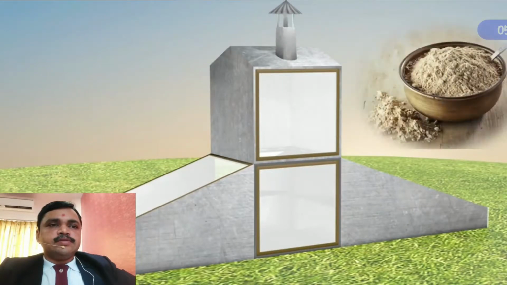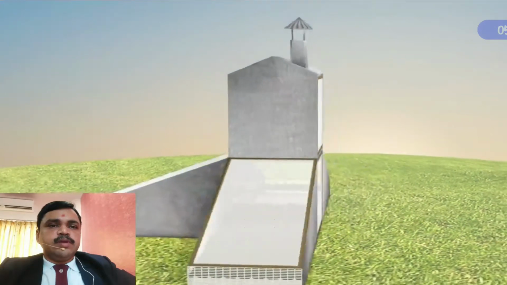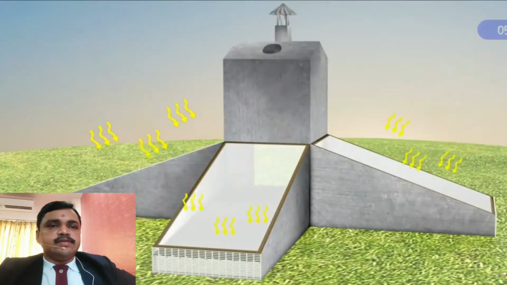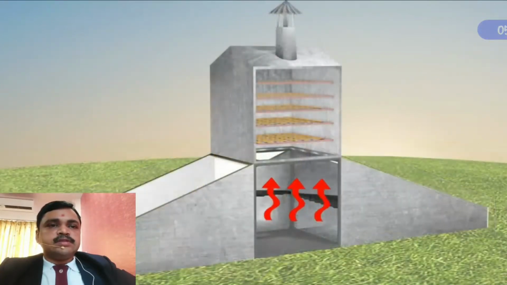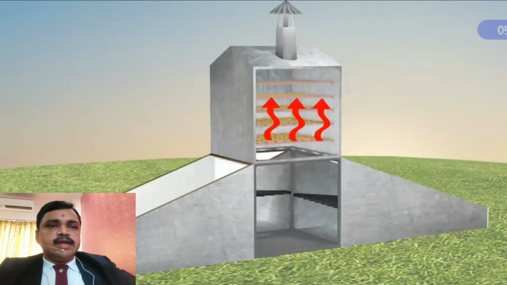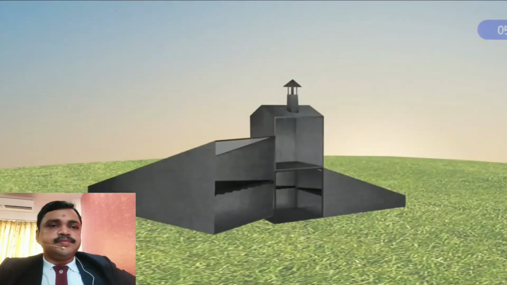Cabinet type solar dryer. Our food compounds are dried in this type of dryer. When solar radiation takes place, it heats up the material. Material is placed in perforated trays.